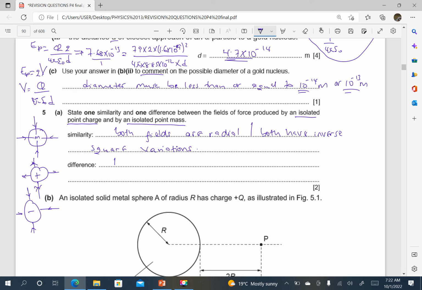So direction is always towards the mass, and for a charge, it can be towards or away from the charge.